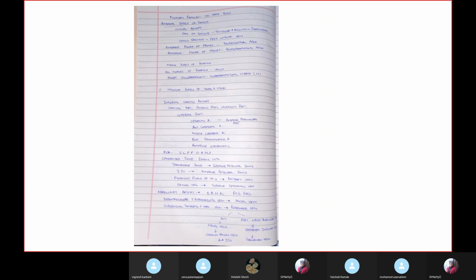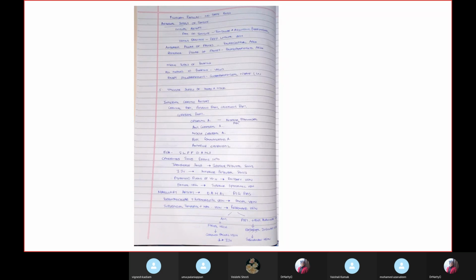There are some 16 branches of maxillary artery, so remembering all the names is very difficult. So the anterior and posterior ethmoidal artery is very important. Why? Because anterior and posterior ethmoidal artery is a branch of the ophthalmic artery, which is a branch of internal carotid artery. So if you are able to remember the odd one out, you can easily eliminate.